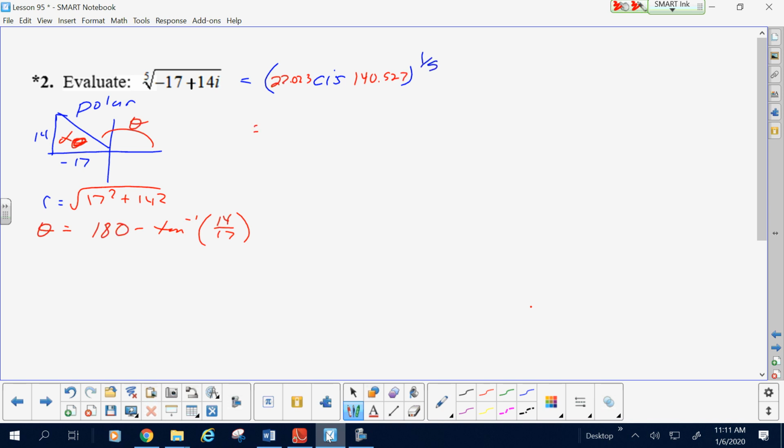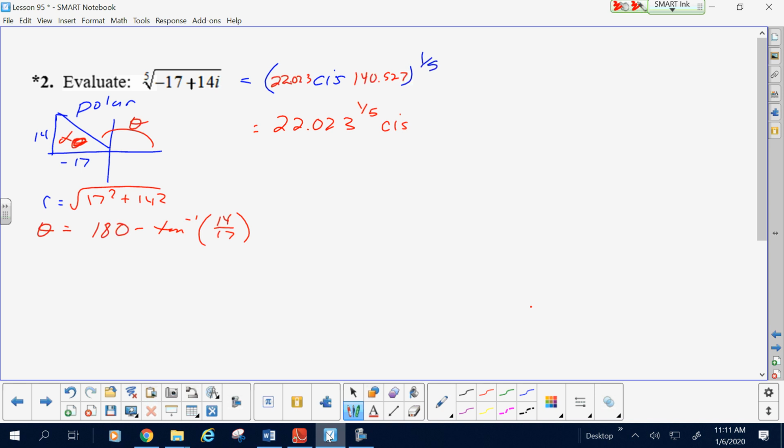All right, cool. Now, in terms of what to do and how to communicate, you need to communicate your DeMoivre, so take that 22.023 and explain to the person or show to the person what you're going to do with it. What are you going to do with it? Take it to the 1/5 and the angle.